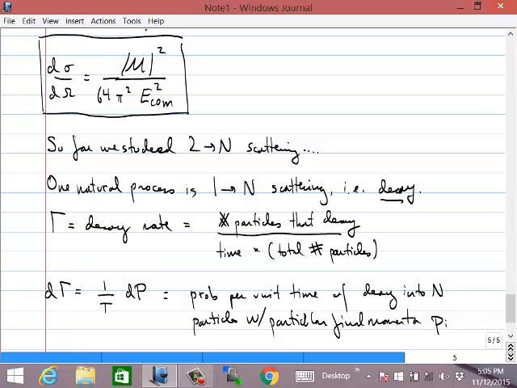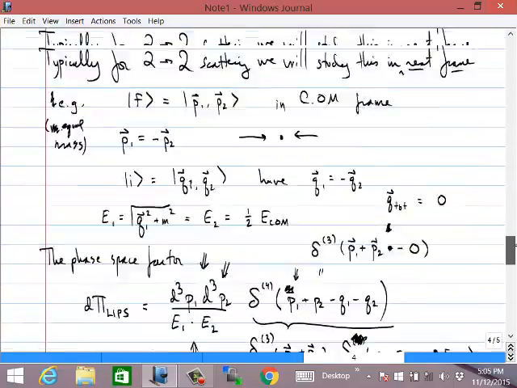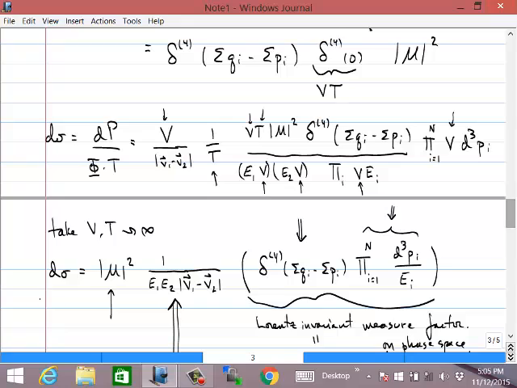And we could go ahead and repeat the argument that I just gave above, where we evaluate all of this explicitly in terms of the initial and final states. If you do, you're going to get an expression very similar to the expression that I wrote up here. In fact, it's essentially identical, except I just have to remove all of the pieces of this equation that refer to the fact that I have two initial particles instead of one.